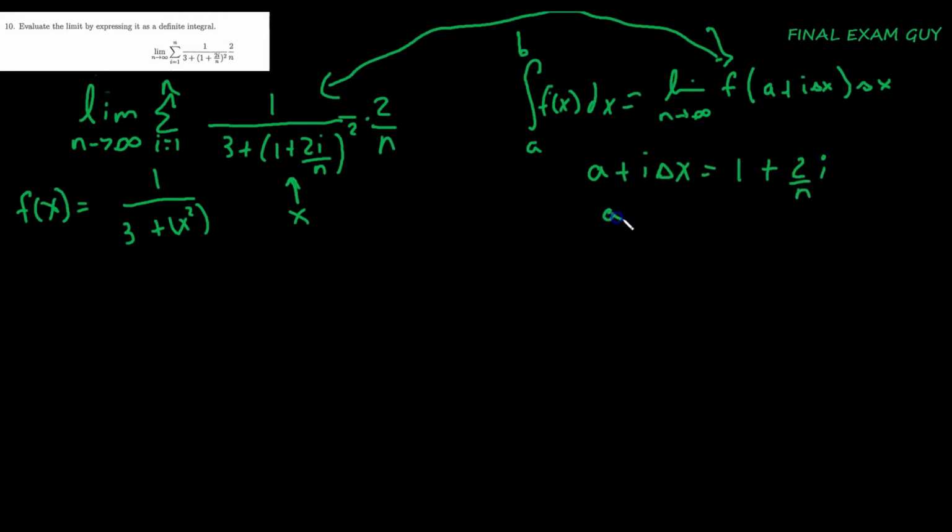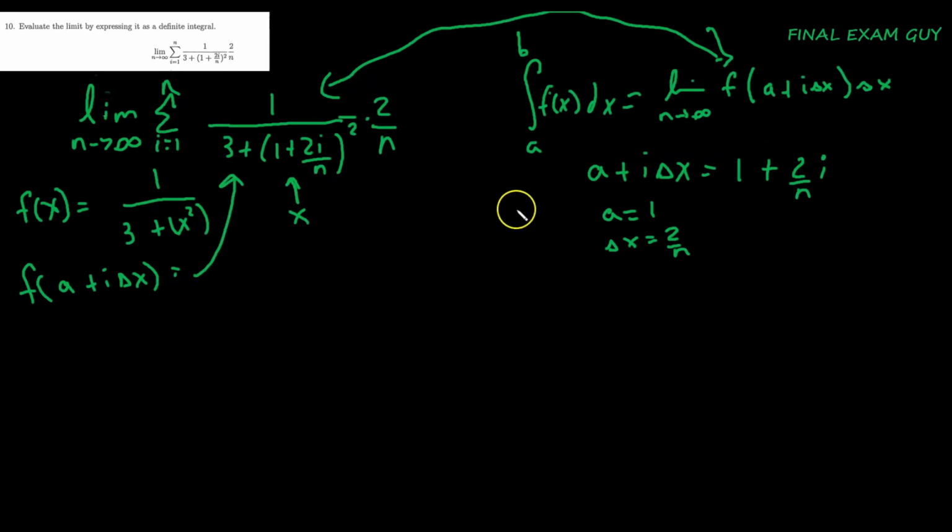So our a is equal to 1, and our delta x is equal to 2 over n. If I do f of a plus i delta x, wherever there's an x, I plug in a plus i delta x, I will get back this equation here.